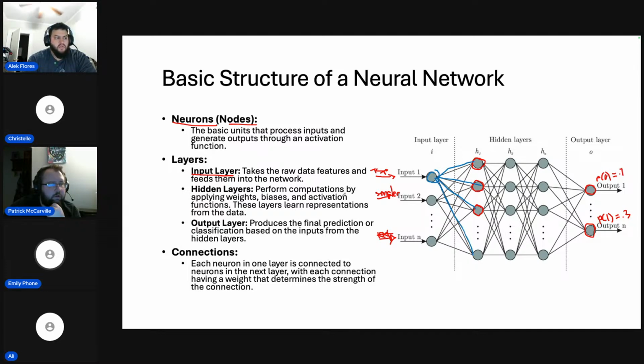The hidden layers perform computations by applying weights, biases, and an activation function. And then our output layer produces the final prediction. So we have an input layer, we have 3 hidden layers here, and we have an output layer. In this network, this is a fully connected network.